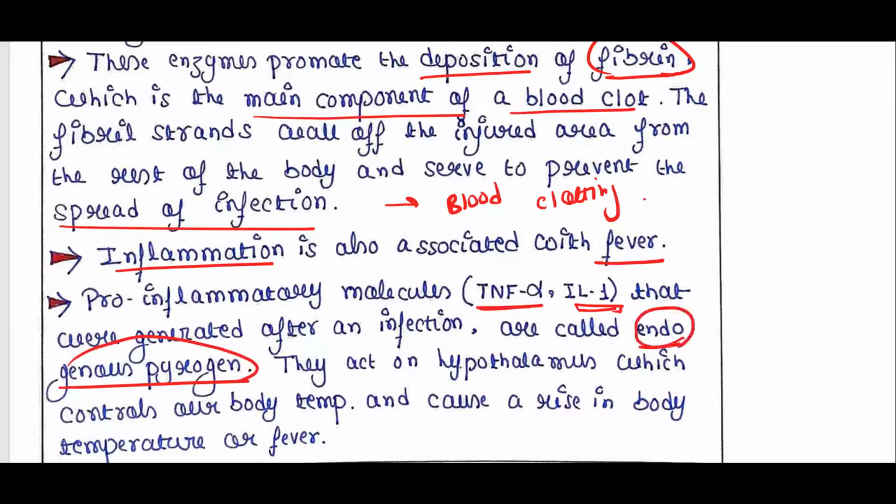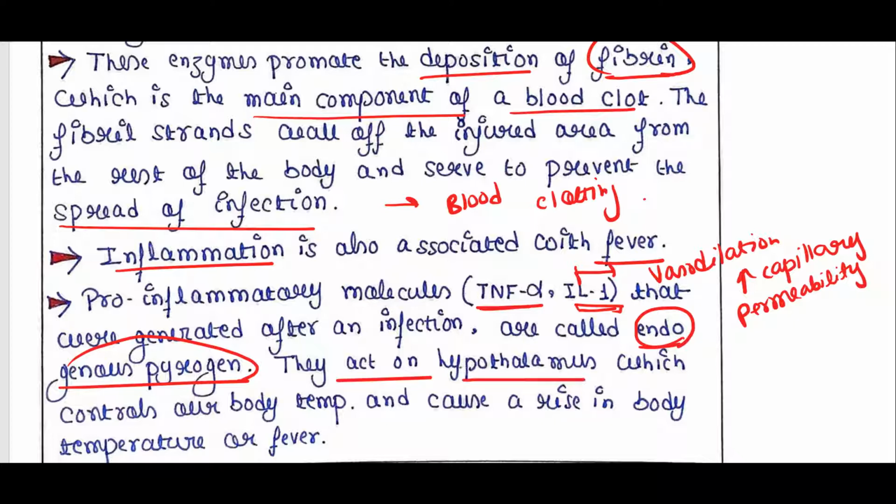We have seen that they cause vasodilation and increase in capillary permeability. But other than these, they are also endogenous pyrogens. That means they act on the hypothalamus.